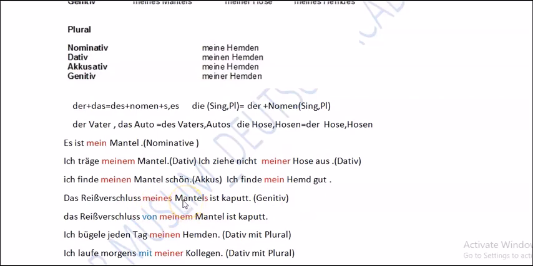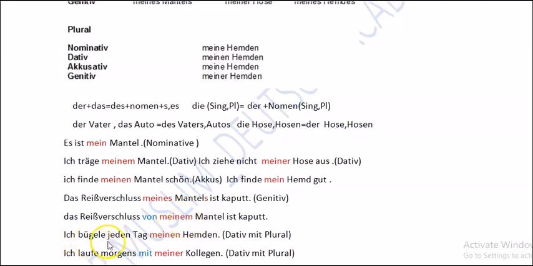We say that we are changing der to des, so mein to meines, and then to the noun we are adding s. So the next one is der Reißverschluss von meinem Mantel ist kaputt. Here again, the meaning is the same, but the form is a dative form. So in dative form, it is der Mantel. Der is changed to dem. So mein is changed to meinem.